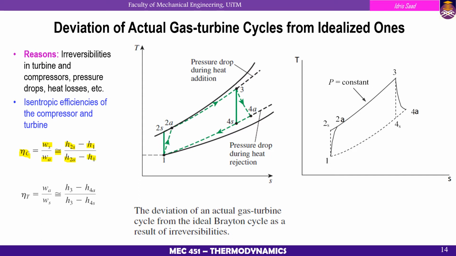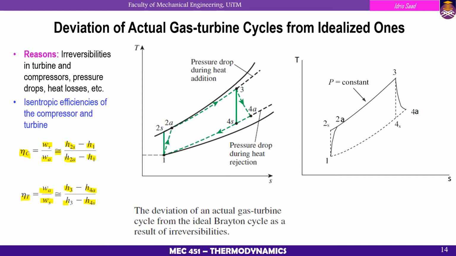Similarly, for the turbine, we can calculate it based on work actual of the turbine divided by work isentropic for the turbine. This will give H3 minus H4A over H3 minus H4S.